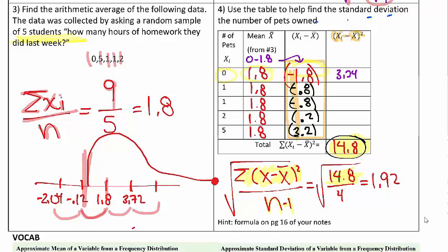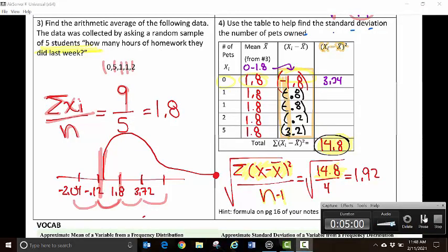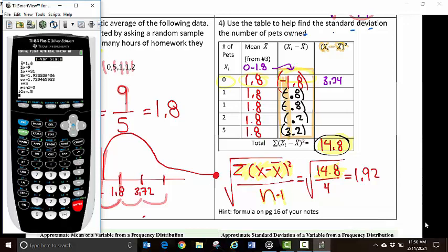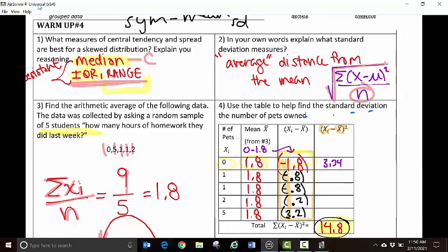Now, do you need to know how to show the work by hand? Yes. Would I be okay if you put this in the calculator? Yes. So let me show you how to do that one more time. So it can come out of the calculator. It's right here, sample 1.92. You could have done this.